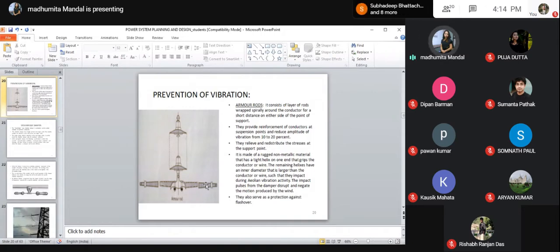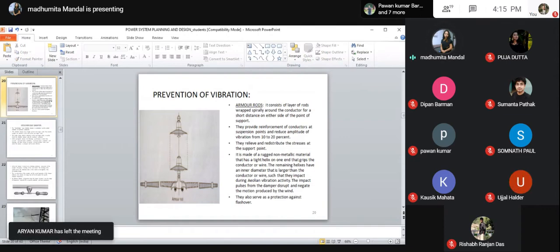So these armor rods are basically made of rugged non-metallic material that has a tight helix on one end. This end has a tight helix and is attached to the conductor, and the remaining helices have an inner diameter that is larger than the conductor or wire. So the diameter of this side is larger than the conductor diameter.